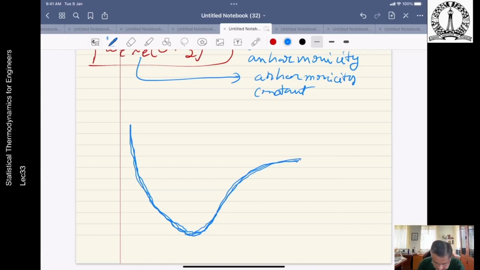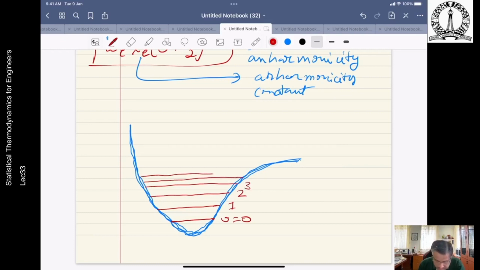Okay, draw this red, one single line basically. 0, 2, 3, like that. Of course, if we can split it, just like this.